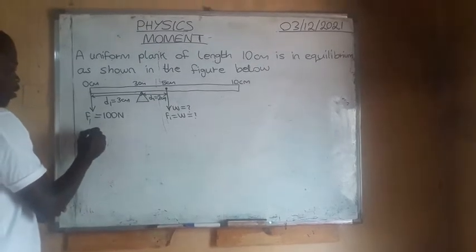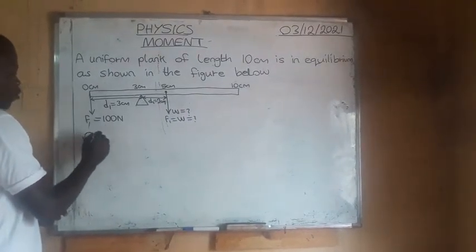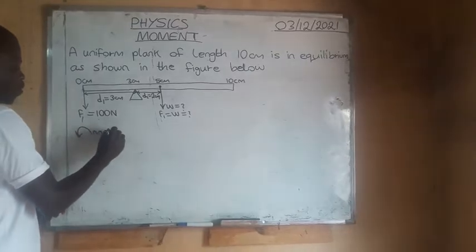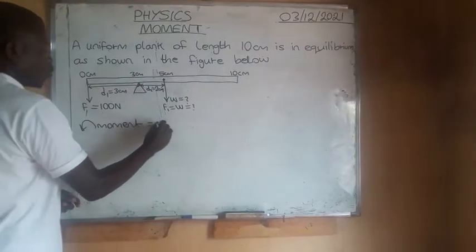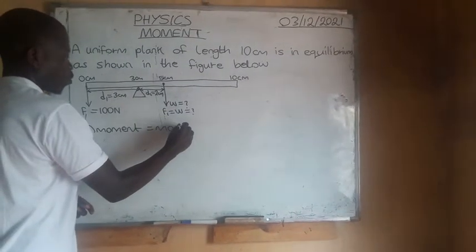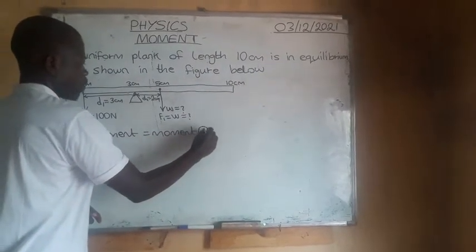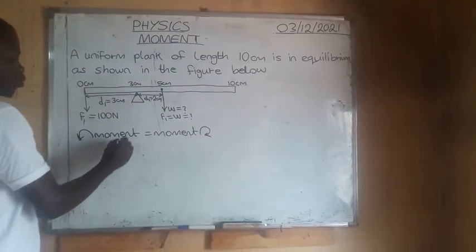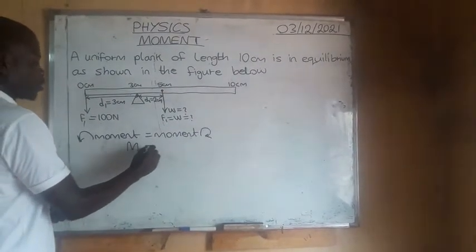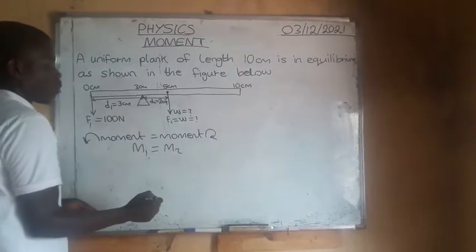So counterclockwise moment is equal to clockwise moment. So moment 1 is equal to moment 2.